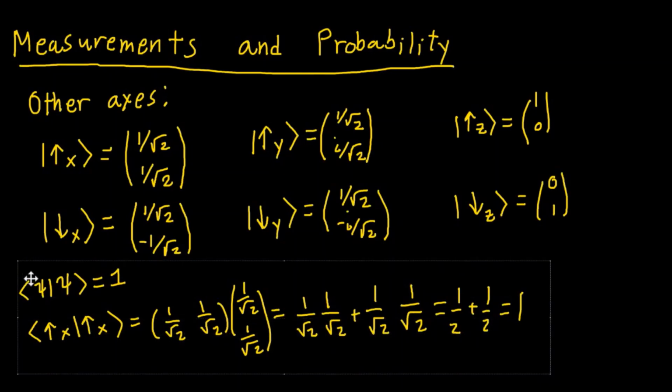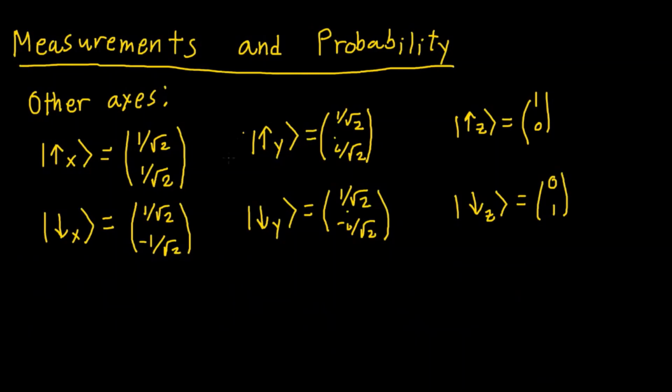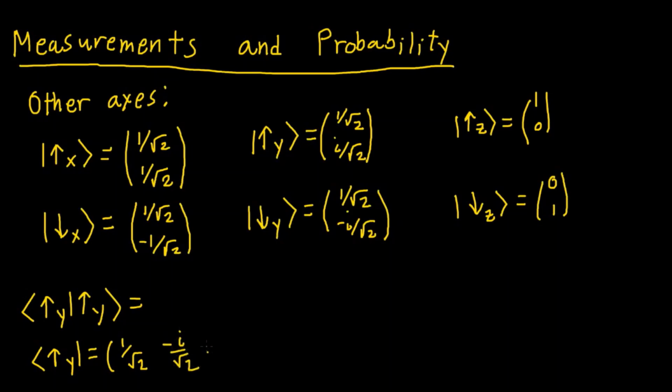Let's clear this away. Let's also do the example of the spin up state with respect to the y-axis and see what the inner product of that is with itself. So remember that when we take the dual vector, this thing right here is the dual vector, we got to complex conjugate the components. So this is equal to the dual vector with components 1 over root 2 and negative i over root 2.